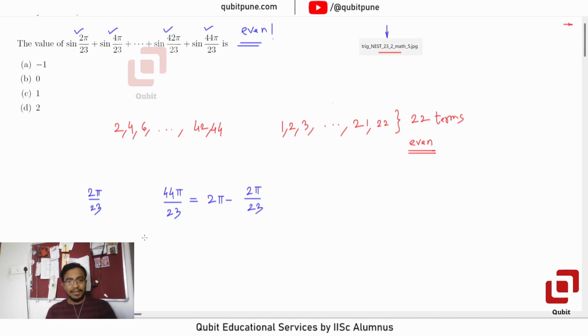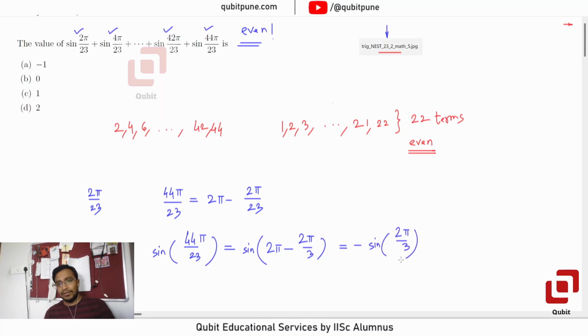So if I take the sine of 44π/23, that will be sine of (2π minus 2π/23). A formula that we usually study in the 11th standard, sine of (2π minus θ) is negative sine θ, also called the allied angle formula. Which means sin(2π/23) is going to cancel sin(44π/23).